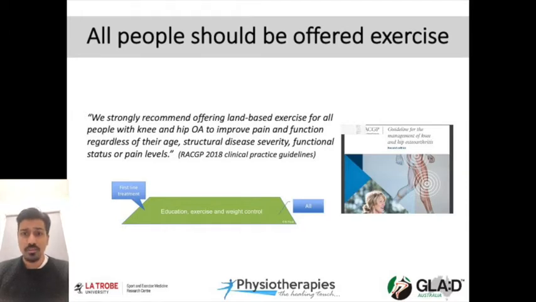That also recommends that anyone and everyone who is suffering from osteoarthritis should be offered exercise as the first point of treatment. And then if it doesn't work, secondly you try some pharmacological treatment. That means taking medications, cortisone injections, or non-steroidal anti-inflammatories, NSAIDs, or any other adjunct therapies recommended by the doctors.